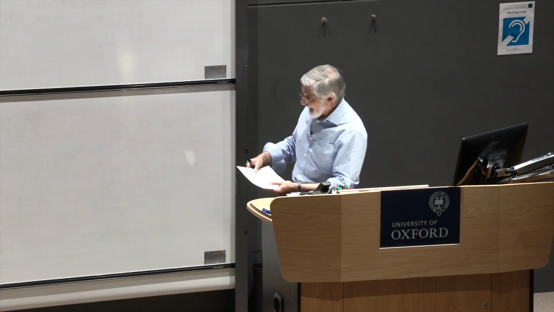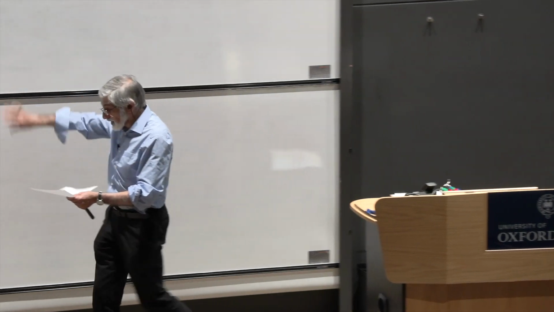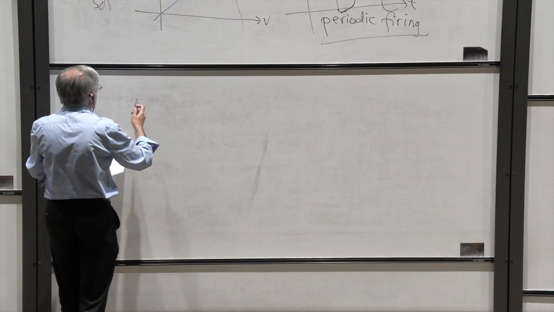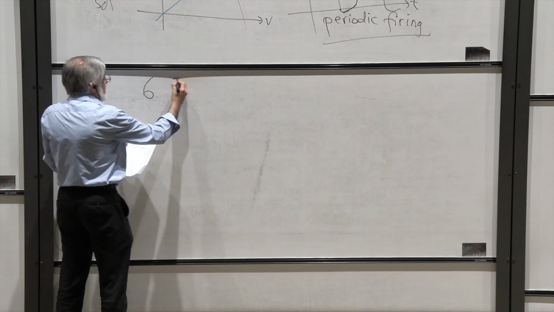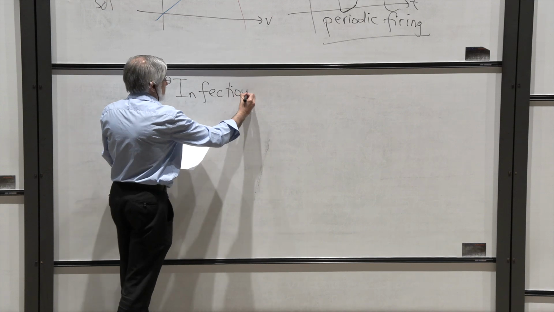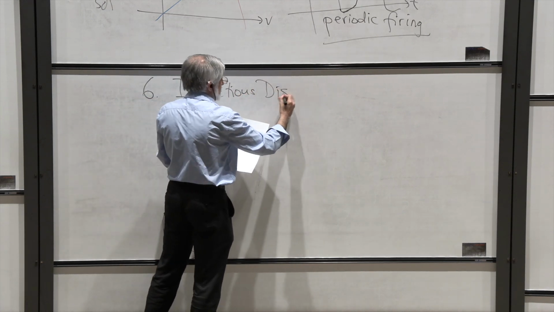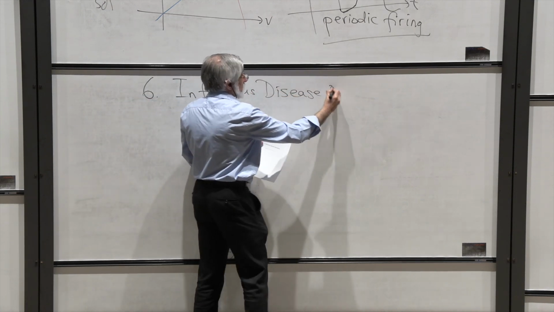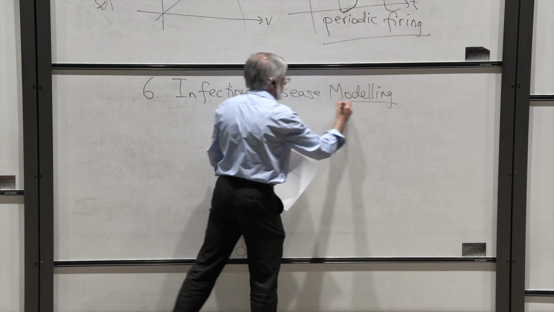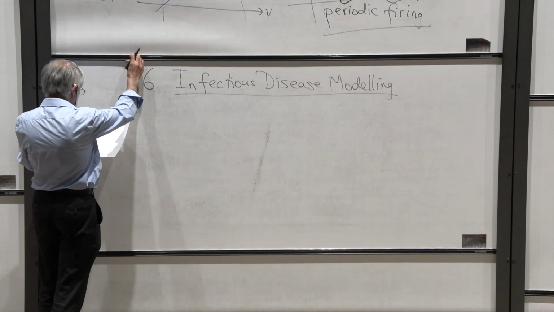So now we're going to leave that sort of physiology and medicine and go on to the final chapter, which is infectious disease modeling. And this is in Ruth's notes.